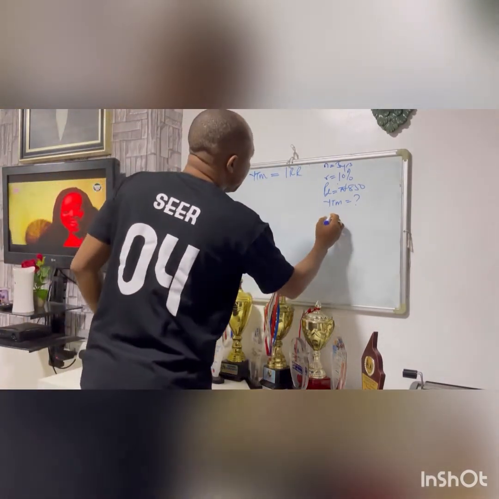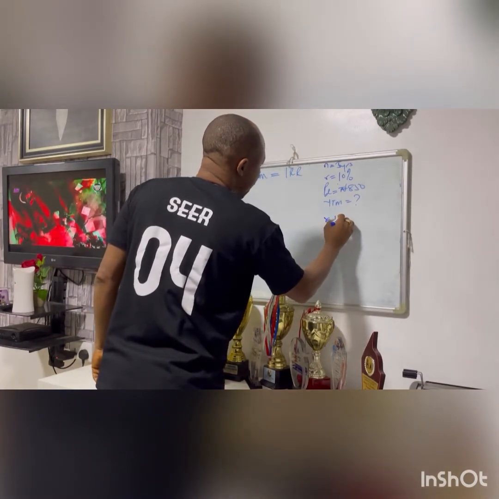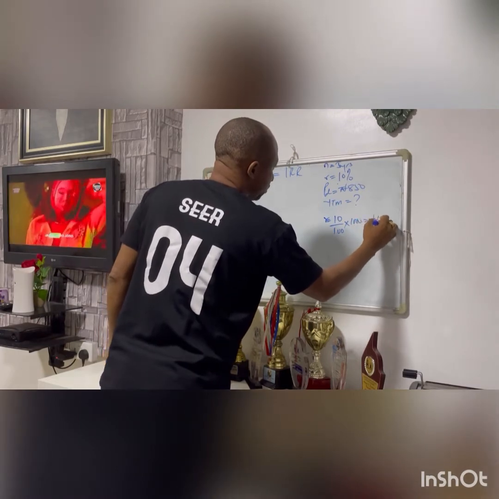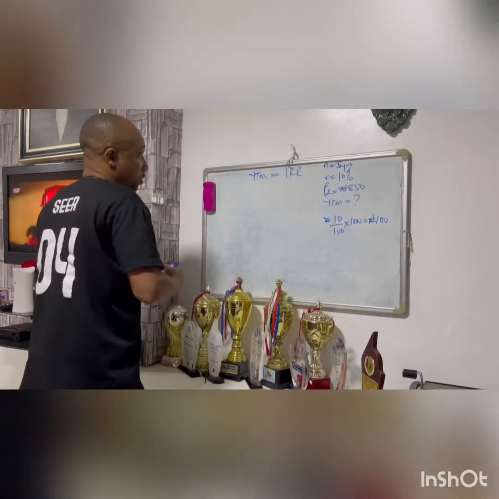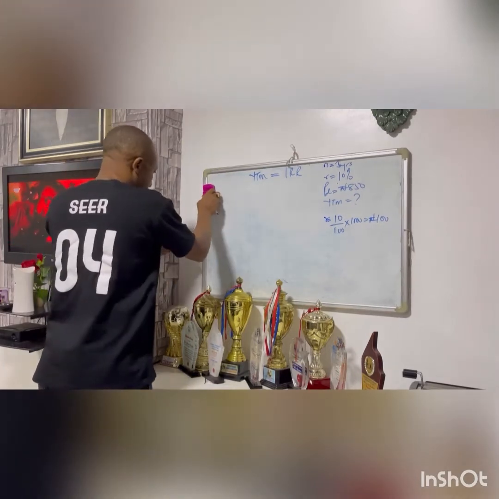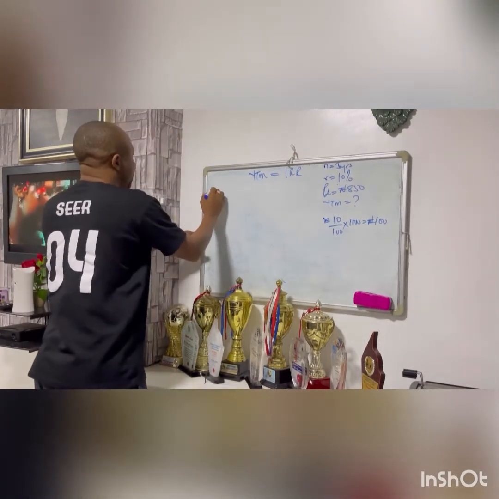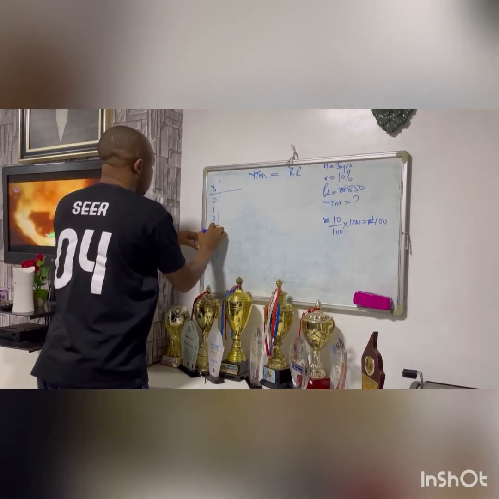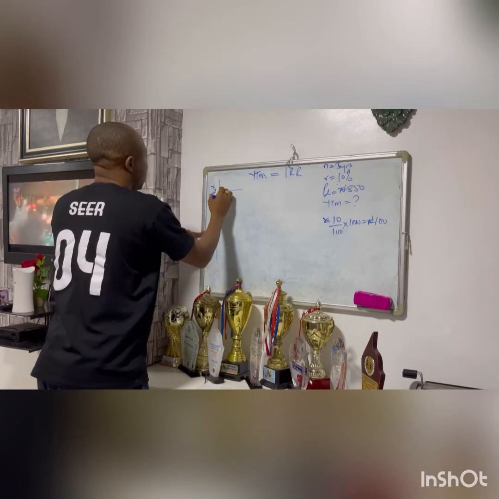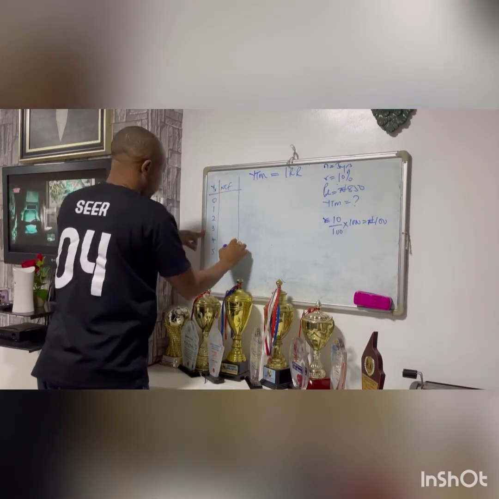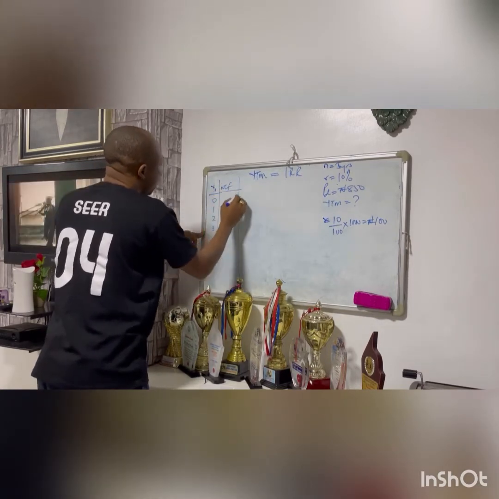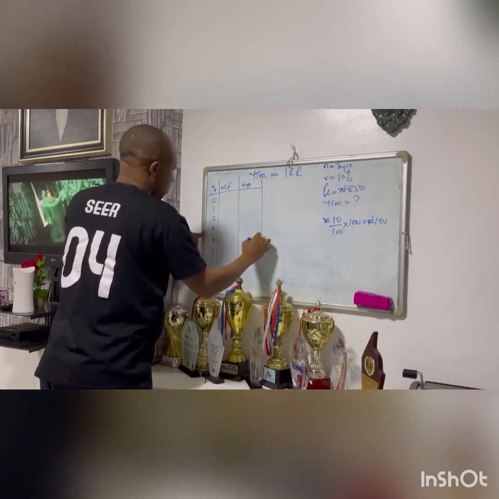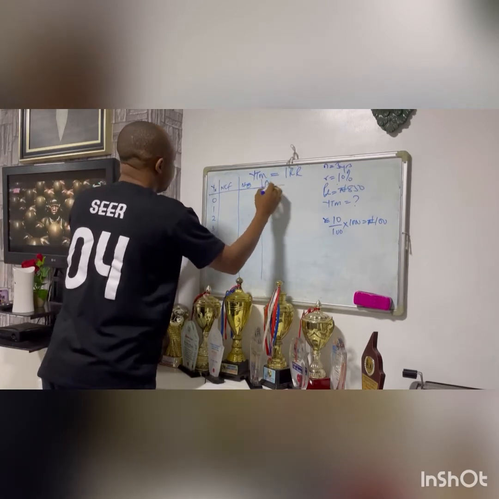First of all, my rate of interest, as usual, 10% of 1,000, which is 100 naira. So now that I know the amount of interest per year, I set up the table: year 0, 1, 2, 3, 4, 5, cash flow, discount factor, present value.